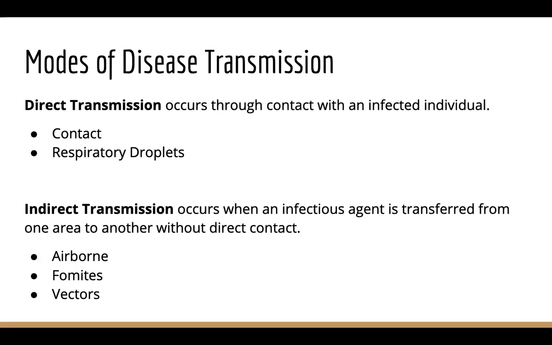However, this particular mode of transmission is not really well recognized, especially not with coronavirus. In addition, there's also vectors. Think about like animal vectors or mosquito vectors. For example, mosquitoes are able to transmit diseases like West Nile virus, Zika virus, or dengue virus.